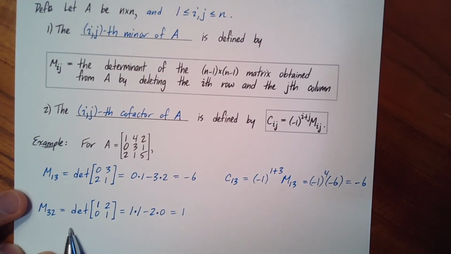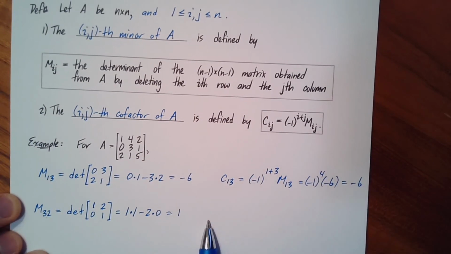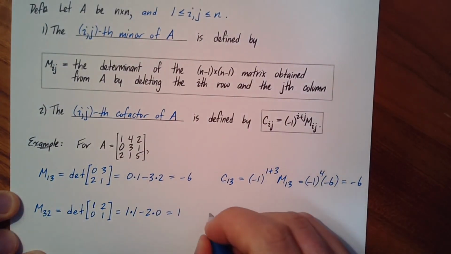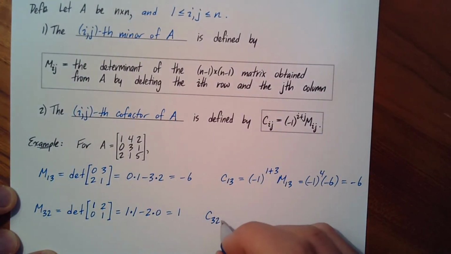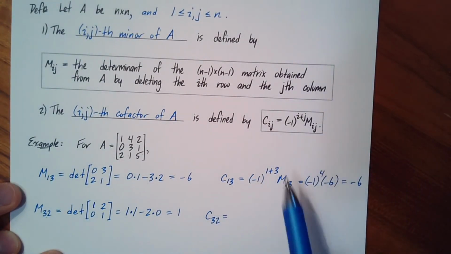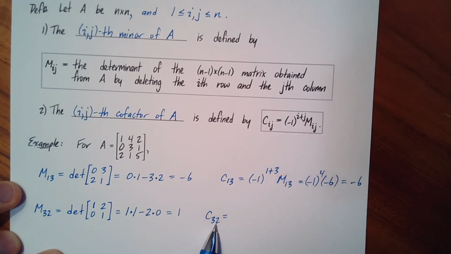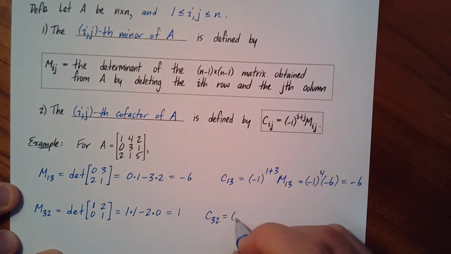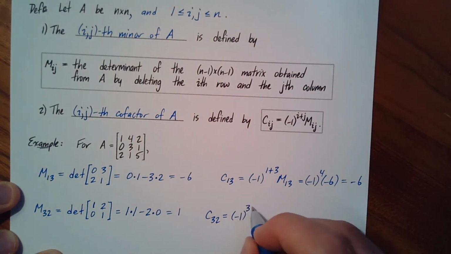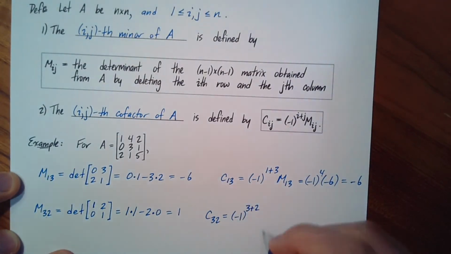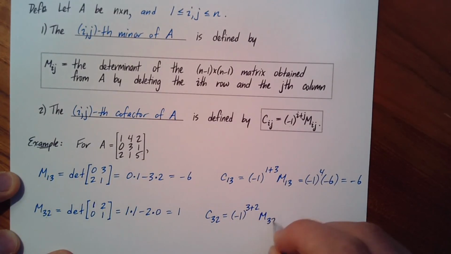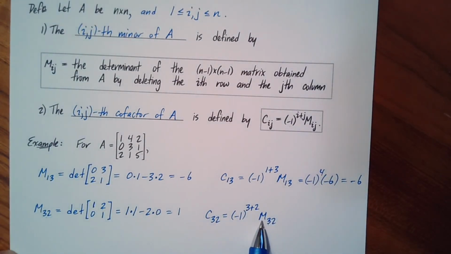What about the 3, 2 cofactor? If I want the 3, 2 cofactor, I'm just going to use this formula here, which says just take negative 1 to the power of i plus j. Well, i is 3 and j is 2 here, right? So we've got negative 1 to the power of 3 plus 2 times the 3, 2 minor of A, which we just worked out to be positive 1.